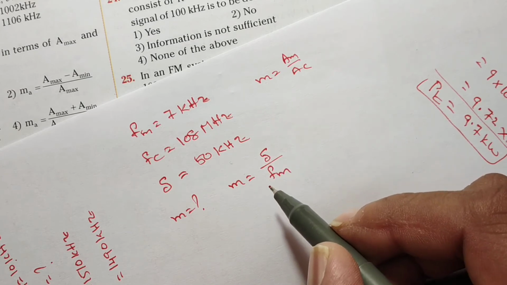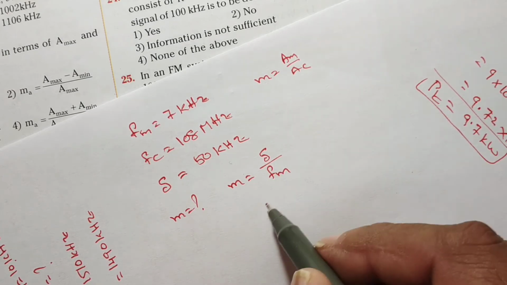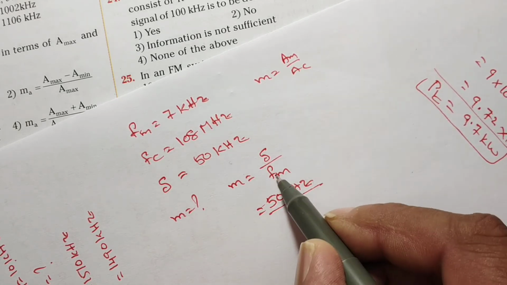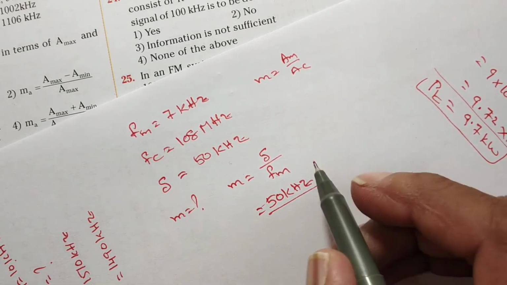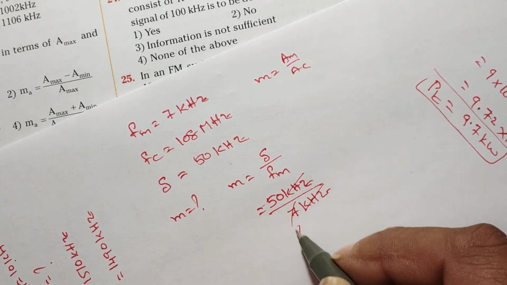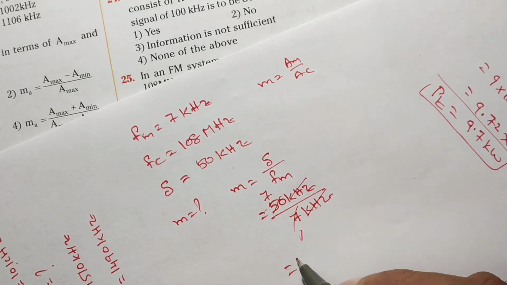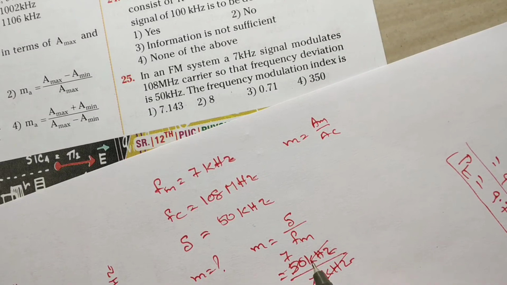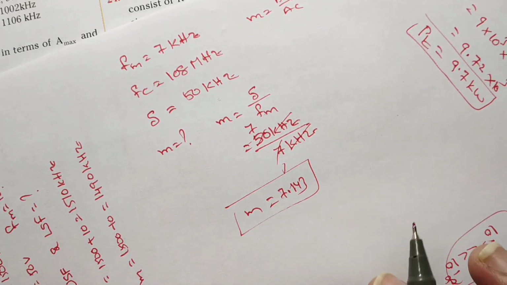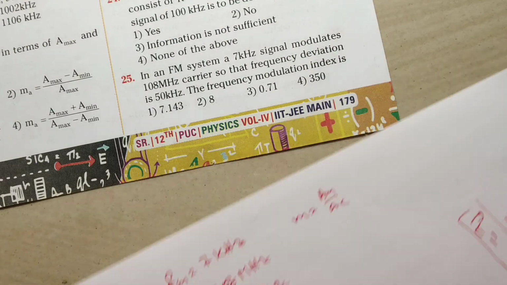The frequency deviation they have given is 50 kilohertz and the message signal frequency is 7 kilohertz. 7 ones are 7, 7 sevens, that means 7 point something, that is 7.143. The modulation index we got is 7.143. So which option is correct? The first option is the correct one.